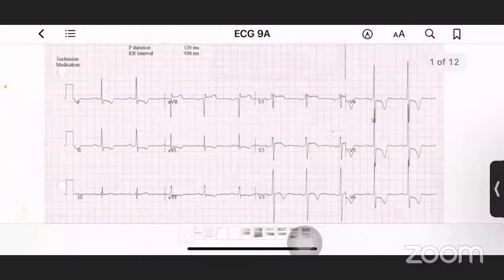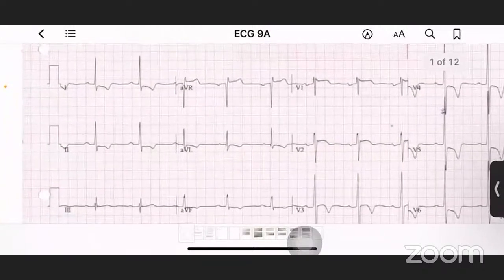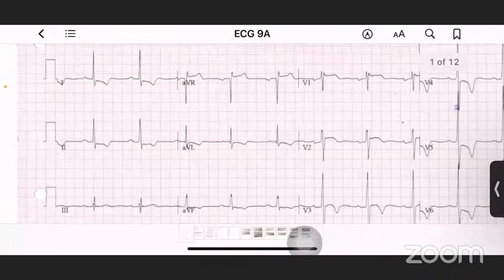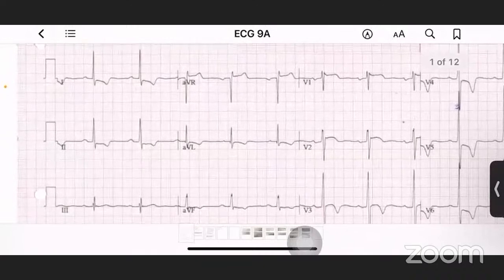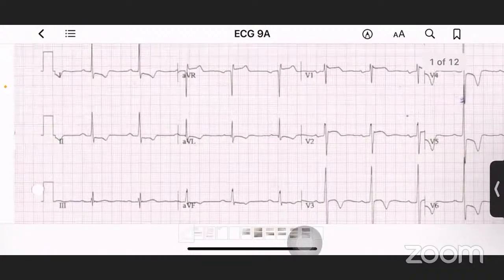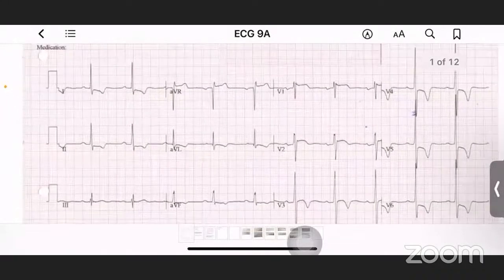I'll say the heart rate is about 75 because there are 4 big boxes. More than 4, right? Almost 5. 300 divided by 5, so what do you get? 60, around 60. So it's about borderline brady already, correct? Yeah. Any other abnormalities seen?